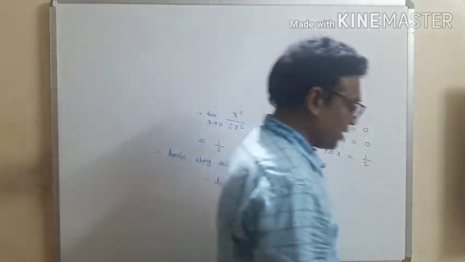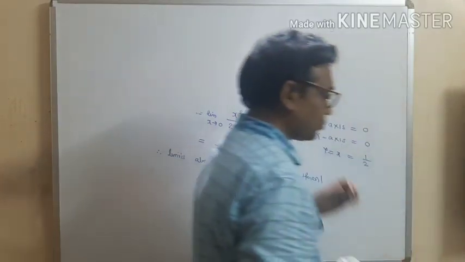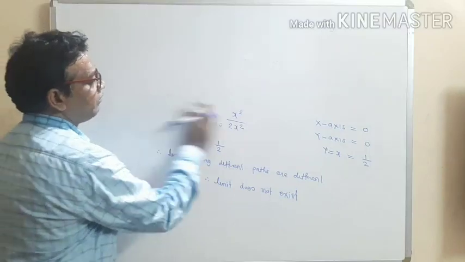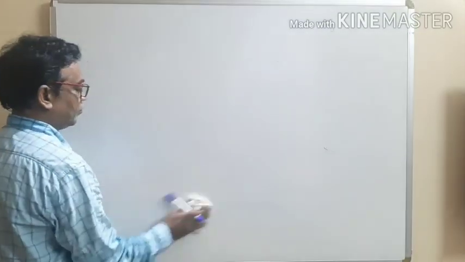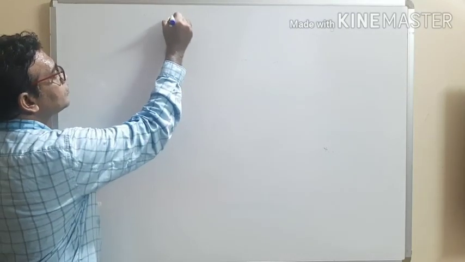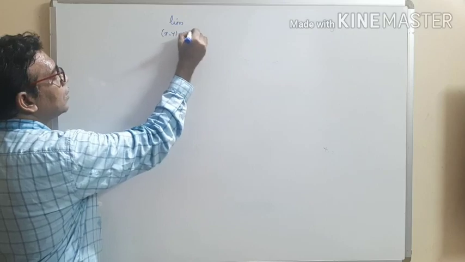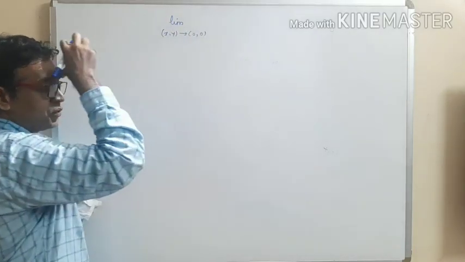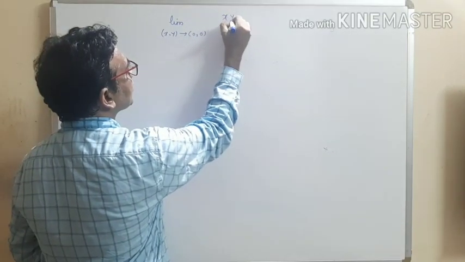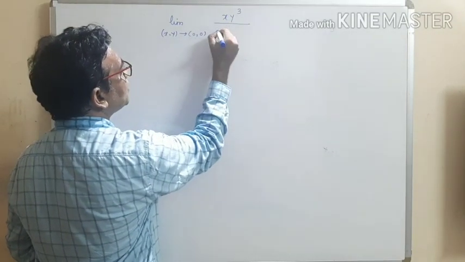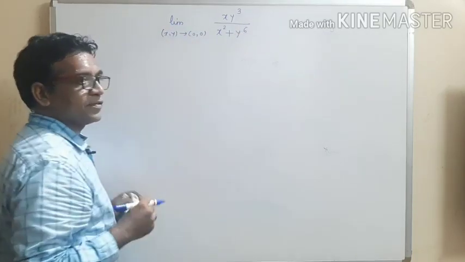Write down fourth example. Write down, evaluate limit (x,y) tends to (0,0) of the function xy cube divided by x square plus y raised to 6.